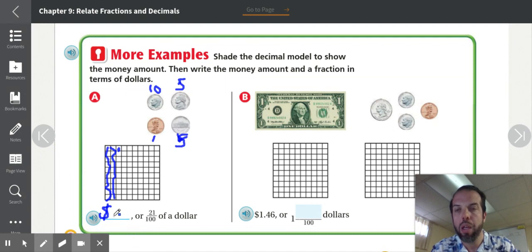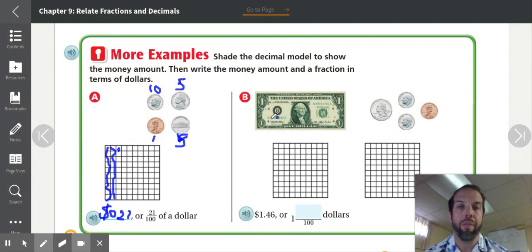Okay? So how many wholes? Do I have any whole flats shaded in? I do not. So I'm going to put 0 for my whole. Decimal. 21 hundredths. Okay?